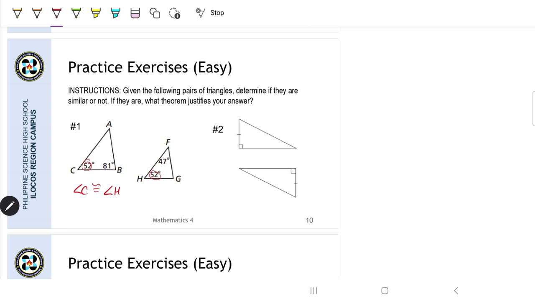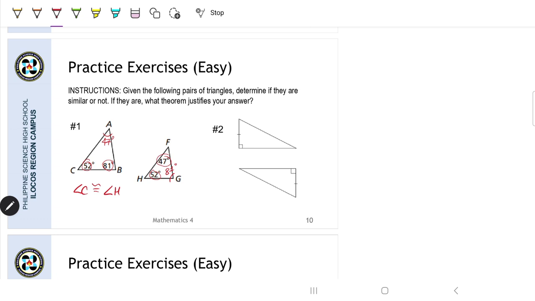However, we cannot say that angle B is congruent to angle F because angle B is 81 and angle F is 47. But if we solve the missing angle of this triangle, since we know that the sum should be equal to 180, so 180 minus the other two given angles gives us 47 for angle A. And similarly for angle G, this will give us a value of 81 degrees.